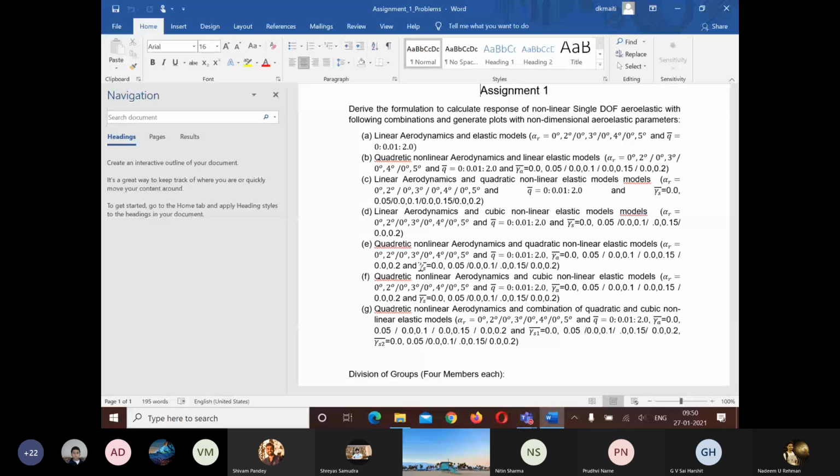Whatever you will be able to calculate is an analytical solution for alpha r equal to 0. For non-zero alpha r, you have to write a computer program in MATLAB where you will be able to extract results for different values of r.